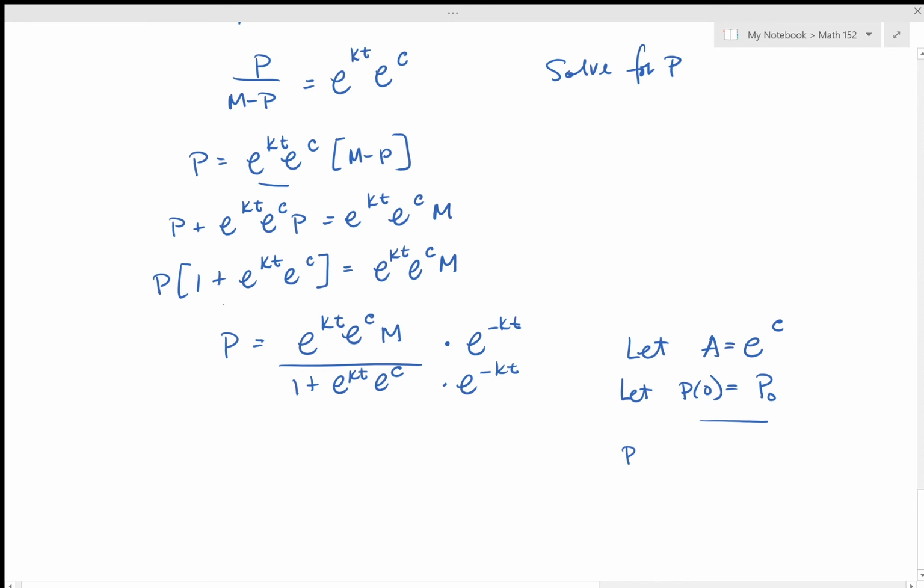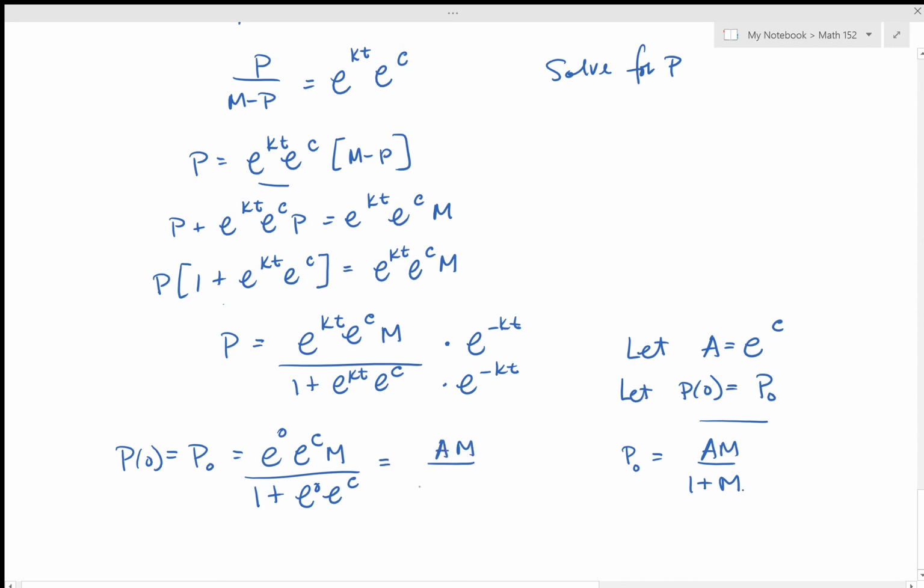I substitute in T equals 0, so P of 0 is equal to P naught, and that is equal to E to the 0, E to the C times M over 1 plus E to the 0 times E to the C. And I change E to the C to A, and I get AM over 1 plus A.